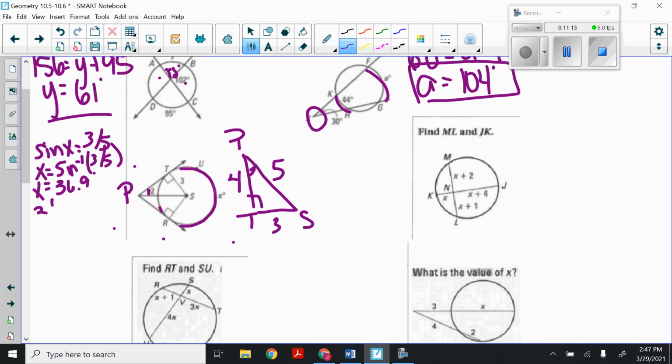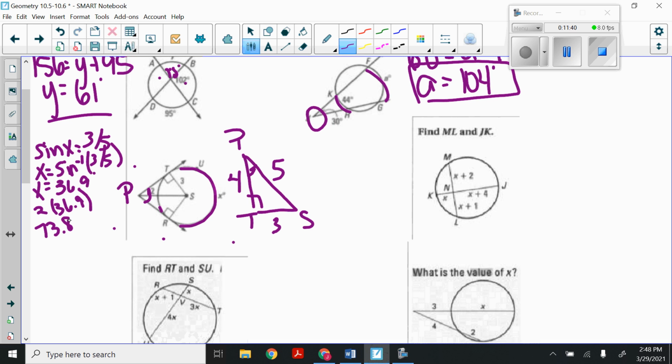So now if I double that, that's going to get me this whole angle in here. So 36.9 times 2 gets me 73.8.